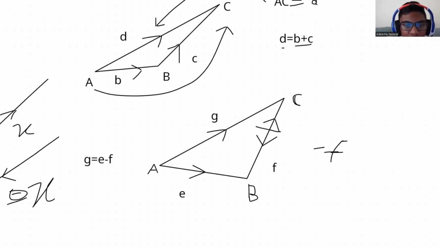So instead of saying that vector G equals E plus F, we'd say that vector G equals E minus F instead. Got it?